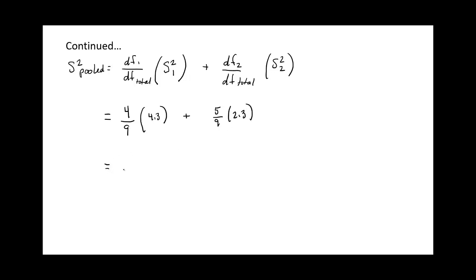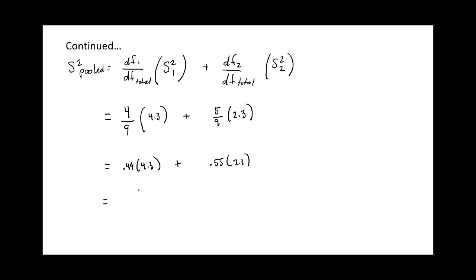Doing a little bit of math, 4 over 9 is equal to 0.44 times 4.3 plus 0.55 multiplied by 2.3.